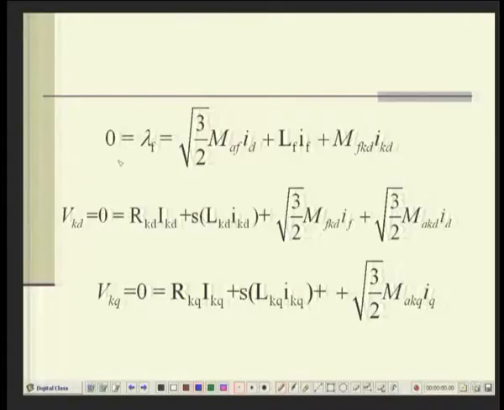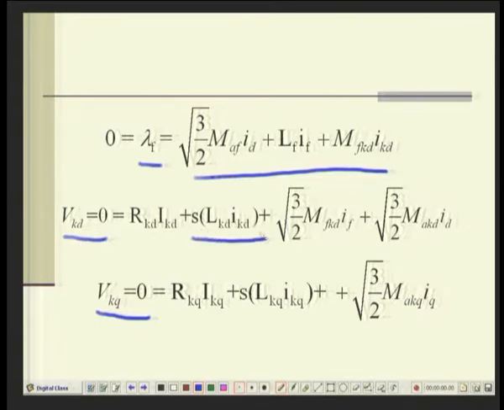And then you take lambda f as 0, and this is the third equation. Then Vkd is 0, Vkq is 0, but you are considering RKD. So it will have S times LKD IKD and S times LKQ IKQ, and then the other terms will be there.